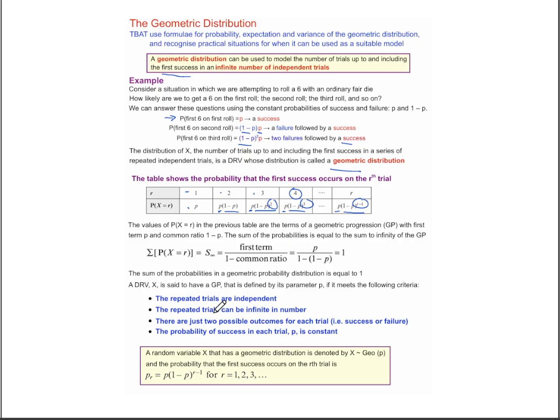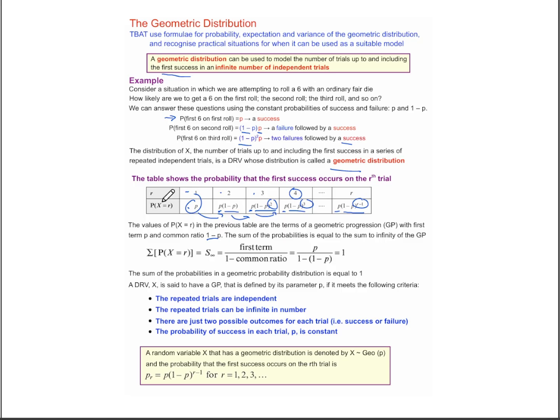The sum of probabilities, remember, this follows a geometric progression, which we learned in Pure 1, where the first term is p, which is the probability of success, and each time you're multiplying by 1 minus p. So that's your common ratio.